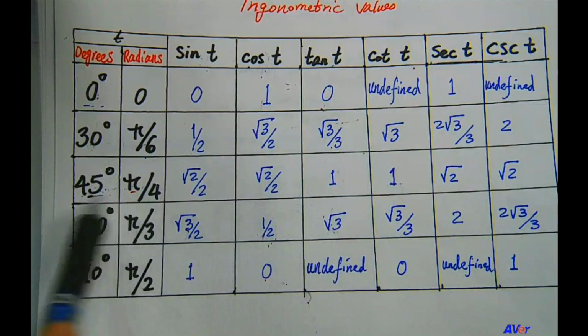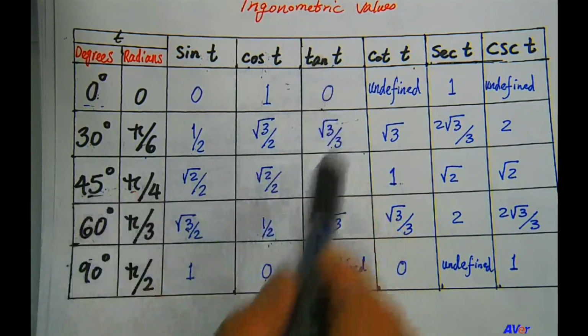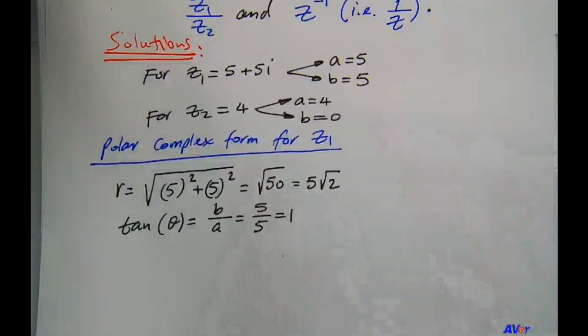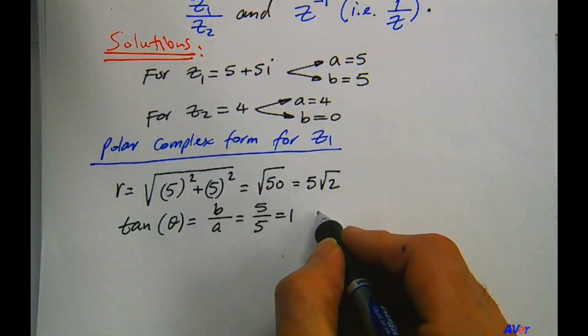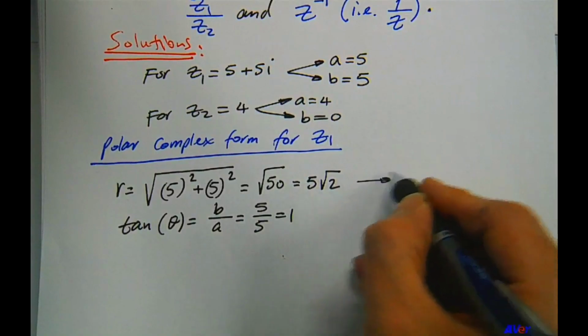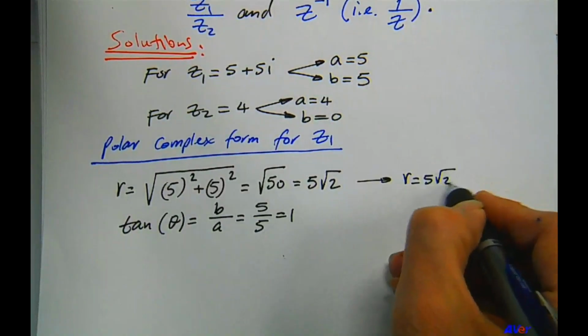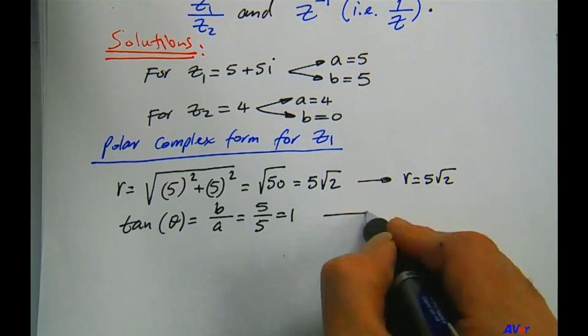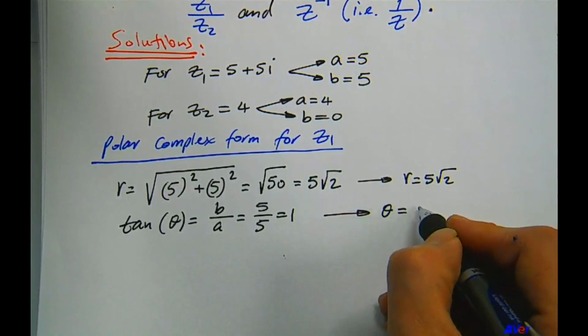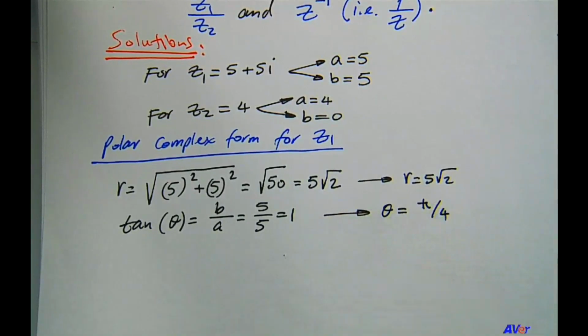It's pi over 4, or 45 degrees, right? So here r is equal to 5 square root of 2, and here theta is equal to pi over 4.